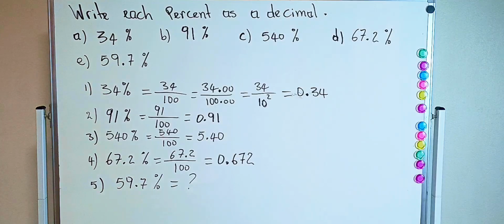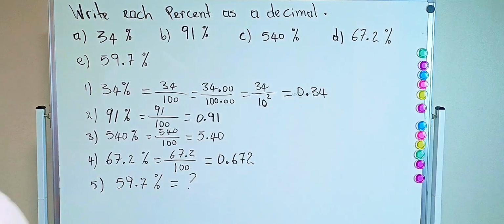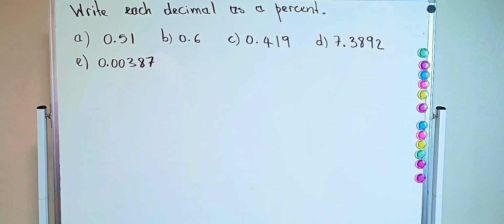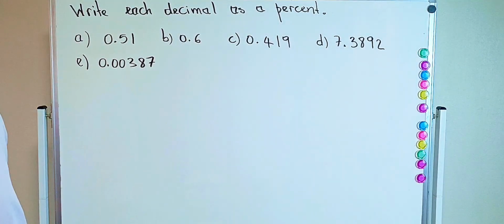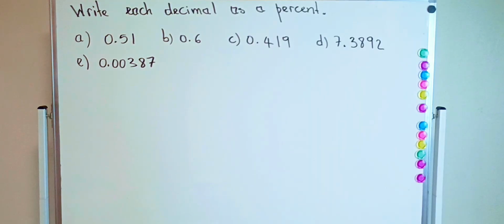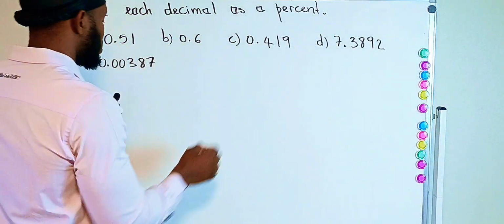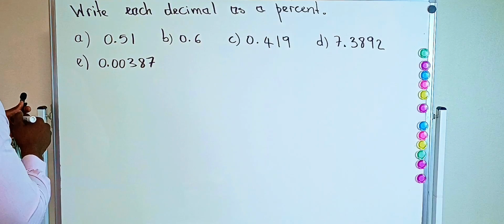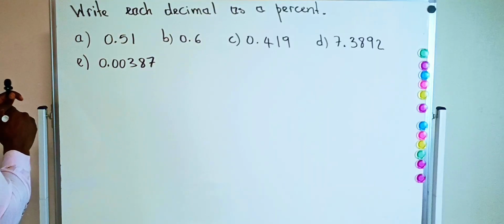Okay, so let's practice together. Let's go for this set of exercises on converting decimal to percent. Right now they give you a decimal and you're going to give the percent equivalent.